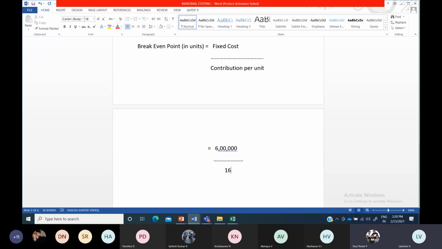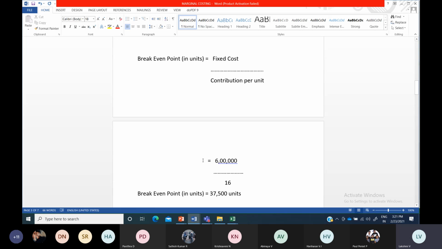So what is the final answer here, sir? 37,500. Therefore, break even point in units is equal to 37,500 units. You cannot mention this as rupees. Okay, so this is units.